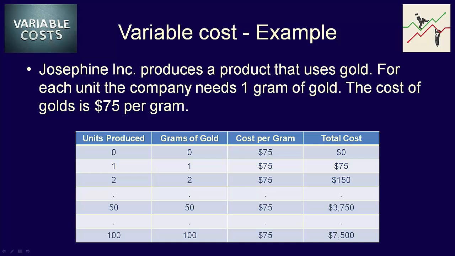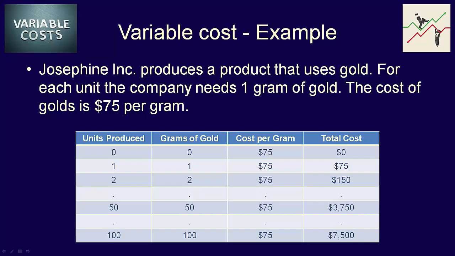Now, if Josephine Inc. produces 50 or 100 products, the company will use 50 or 100 grams of gold, and it will cost a total of $3,750 for 50 and $7,500 for 100 grams, which is, of course, 100 grams of gold multiplied by $75 per gram.